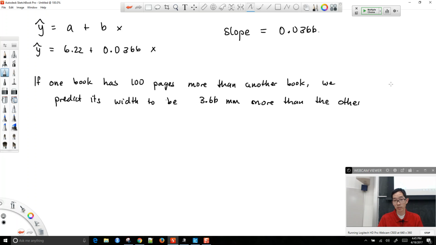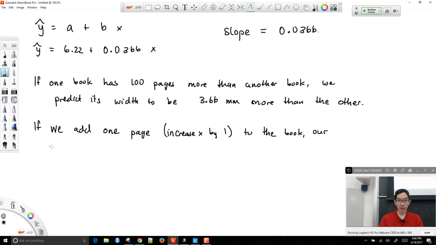Or if we just wanted to reduce this to a single page, if we add one page to the book, or in other words, increase x by 1, our prediction, which is y hat, changes by 0.0366 millimeters, or the value of the slope.